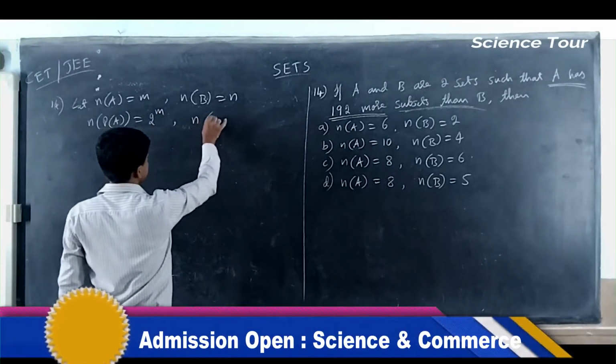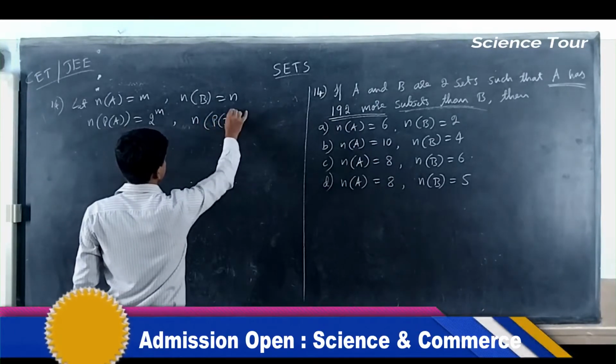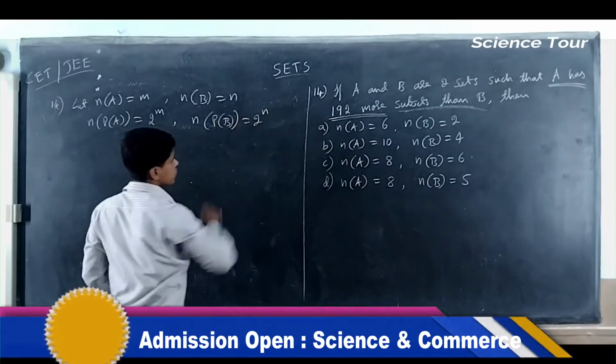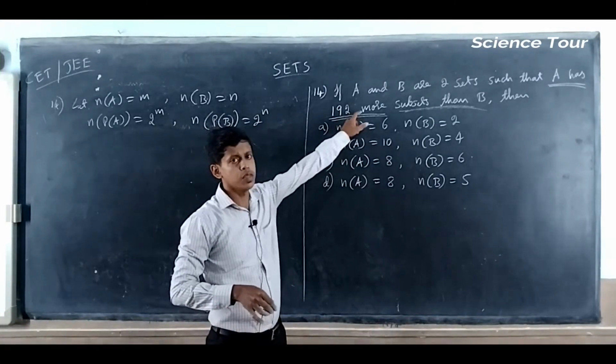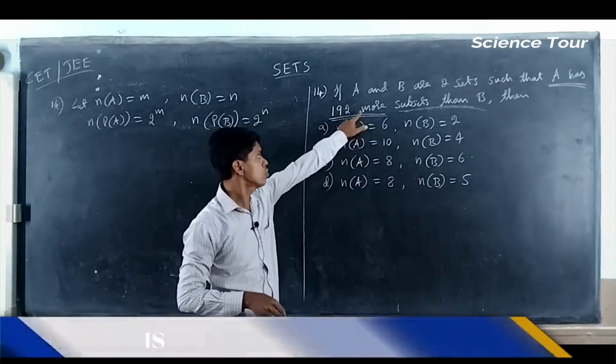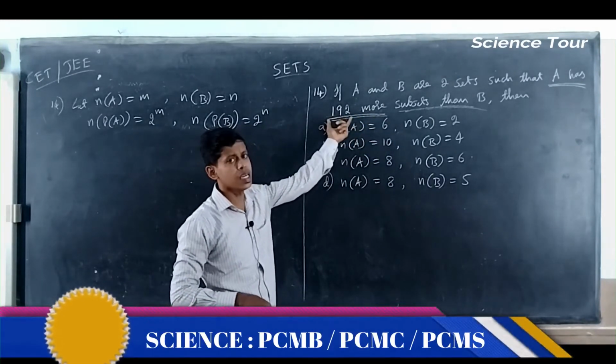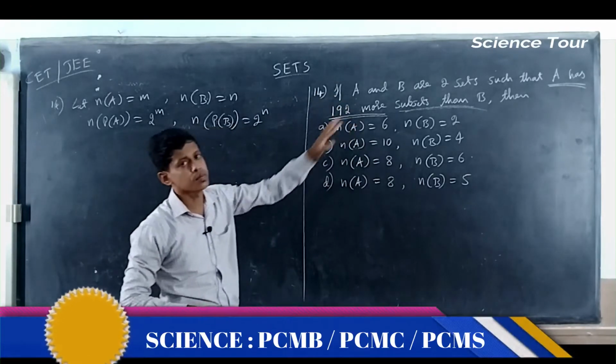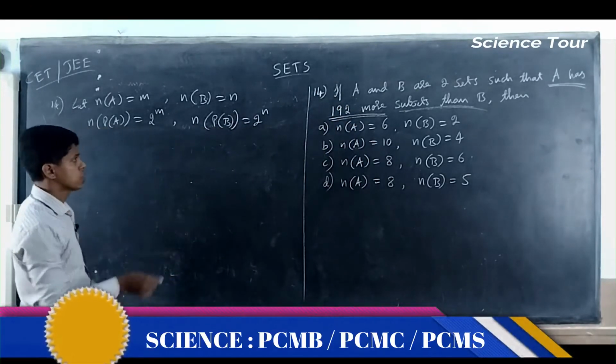And what is the number of subsets of B? That is 2 raised to n. Now I hope this statement makes sense to you. A has 192 more subsets.